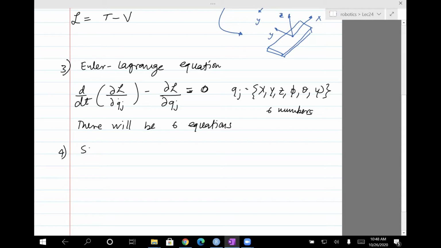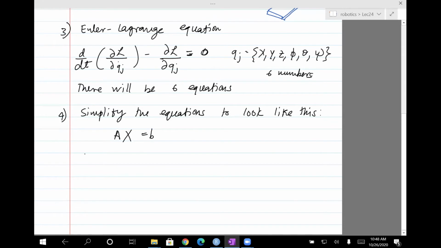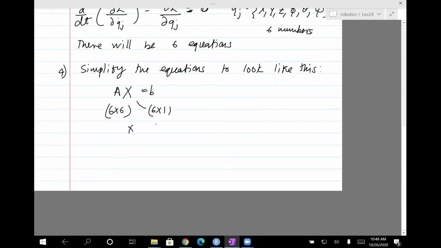Once we write the equations, we can simplify them to look like this: A times, let's say, capital X equals B, where A would be a 6 by 6 matrix, obtained from the components that are linear in the accelerations, where X is x double dot, y double dot, z double dot, phi double dot, theta double dot, psi double dot.